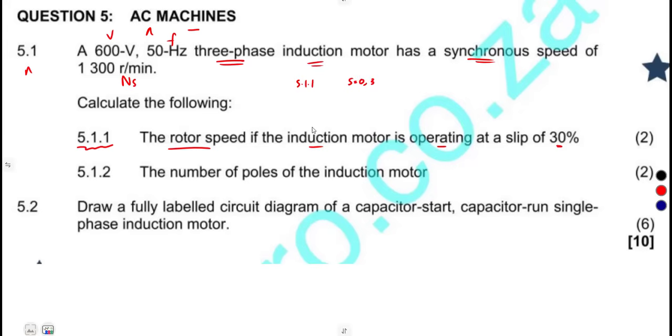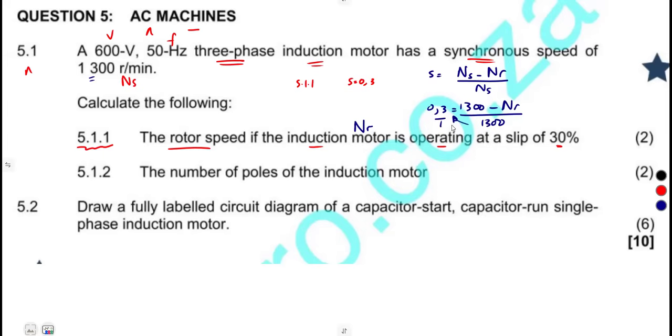So we can calculate the speed of the induction motor, which is NR, the rotor speed. From our slip, which is NS, the synchronous speed, minus NR, over NS, as a decimal. So 0.3 is equal to 1,300, which is NS given in revs per minute, minus NR, over 1,300.